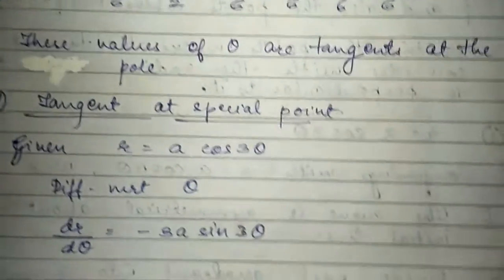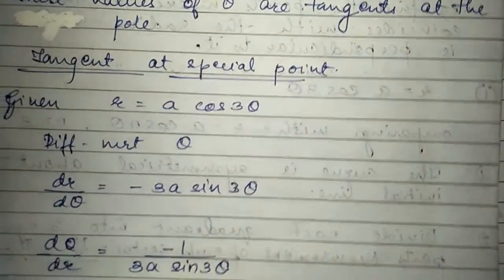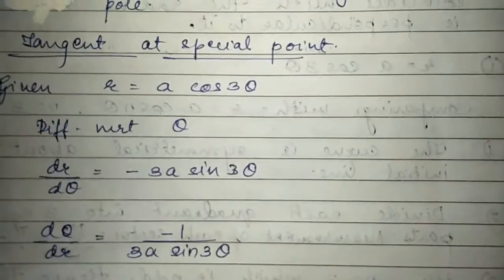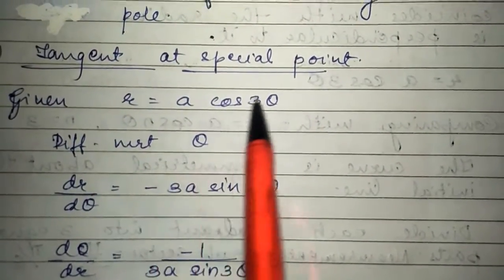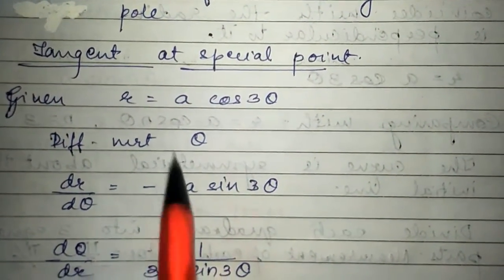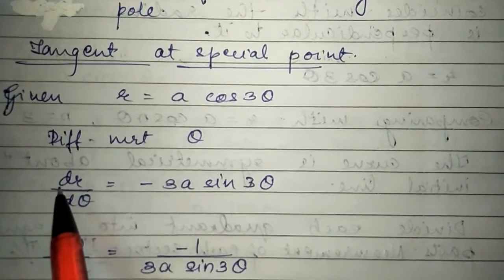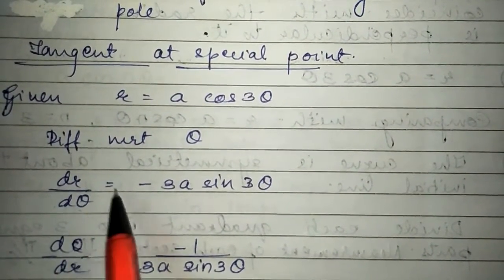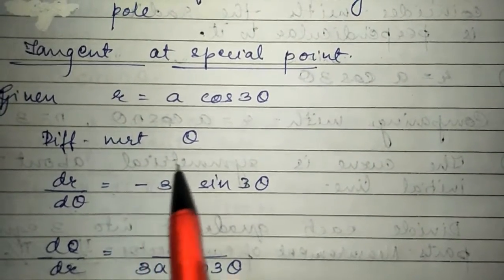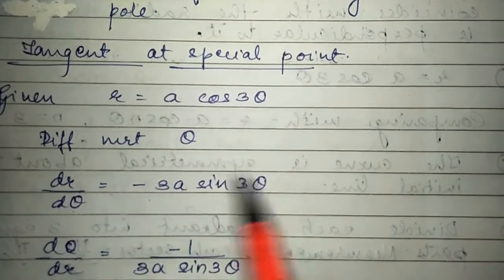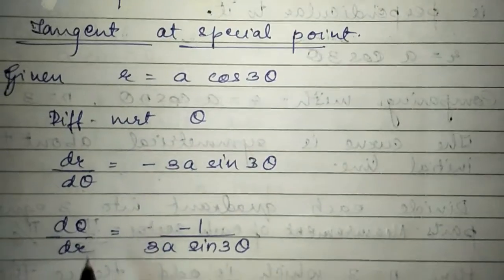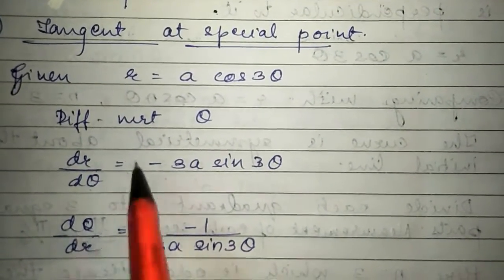Now next comes tangents at special point. Now we have r is equal to a cos of 3 theta. We'll differentiate this equation with respect to theta. What we have is dr by d theta is equal to minus 3a sine of 3 theta. So d theta by dr will be the reciprocal of this.